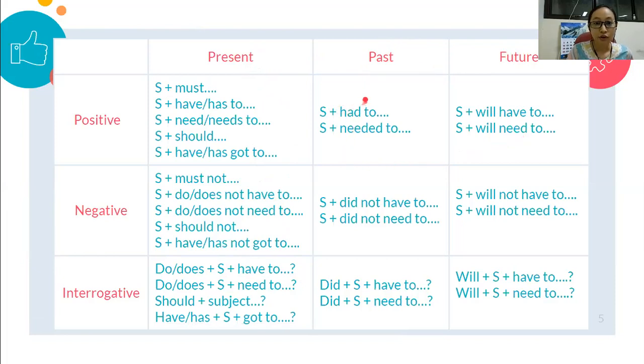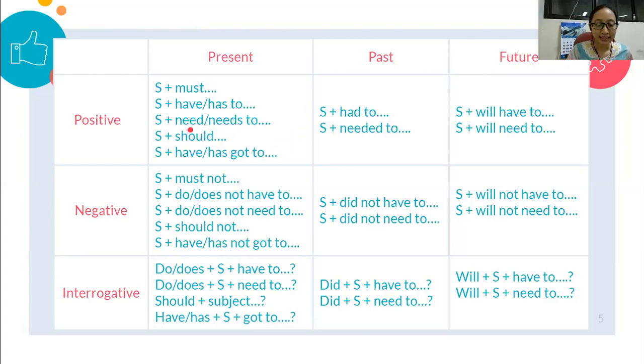In the past form, have or has changed to had. Jadi apapun subjeknya, tetap had makainya, tapi kalau yang presentnya, have or has-nya menyesuaikan subject. And for the future, we use will have to. I will have to do it tomorrow. I had to do it yesterday. I have to do it now.